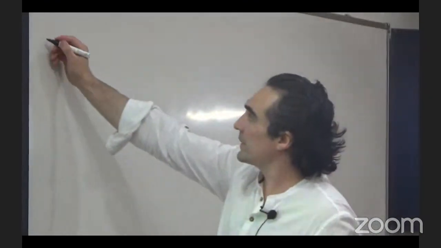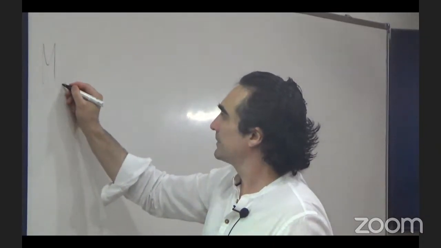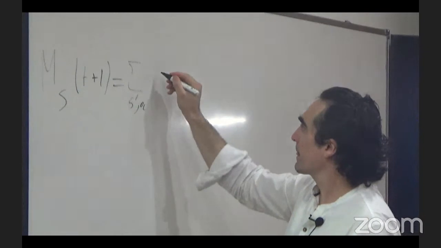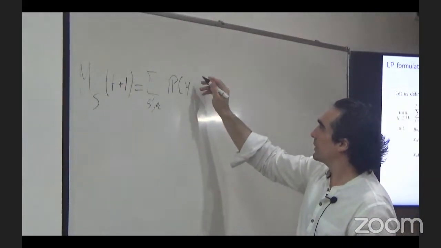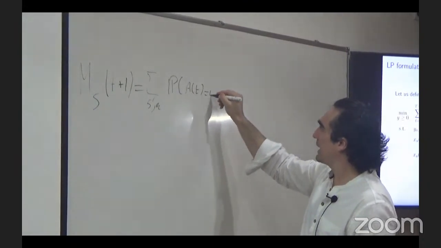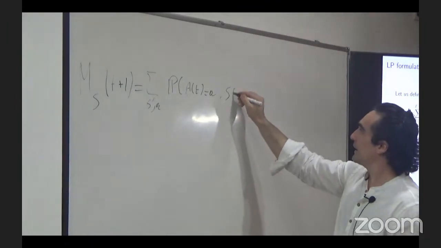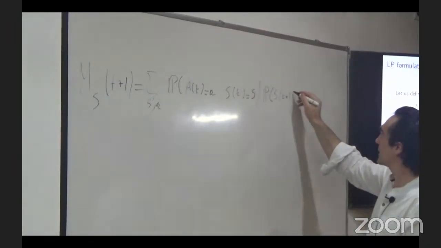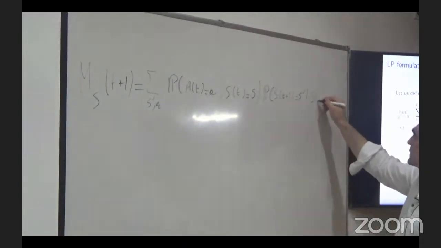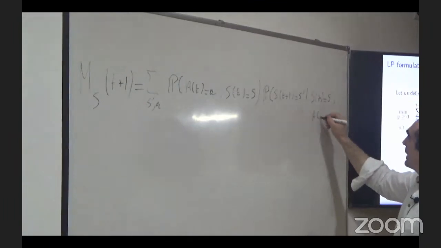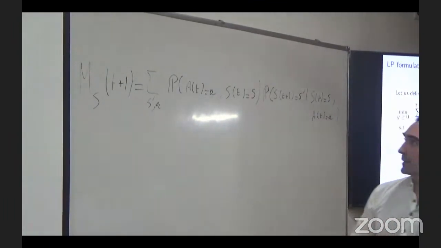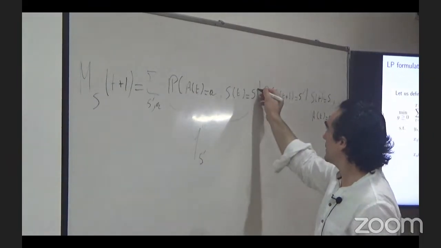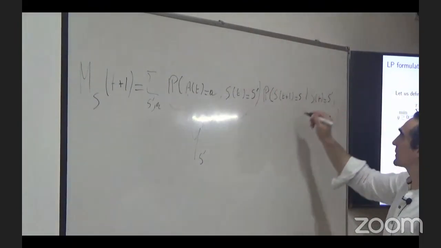What I was just saying is the following. M S of t plus 1 is equal to the summation over S and A of the probability that A of t equal A and S of t equal S, multiplied by the probability of S of t plus 1 equal S prime, knowing S of t equal S and A of t equal A. This is Y of S A, I'm sorry for this.